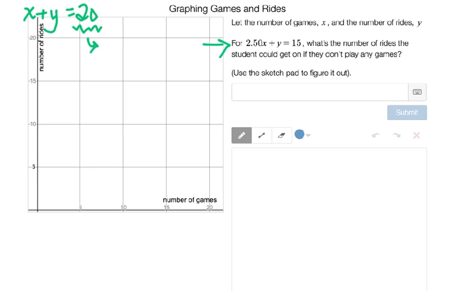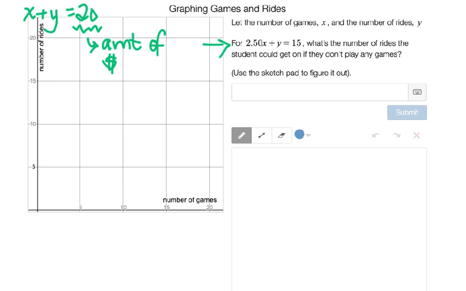The 20 stood for the amount of money I had to spend on rides and games. So now look, it says, well, 2.5x plus y equals 15. So now all of a sudden, what does this mean?